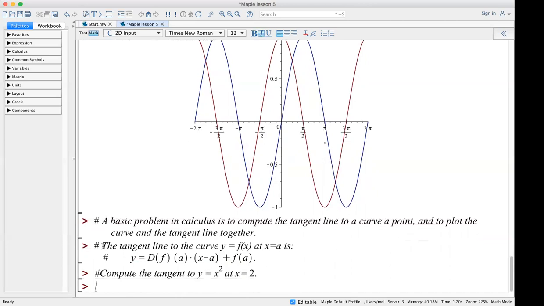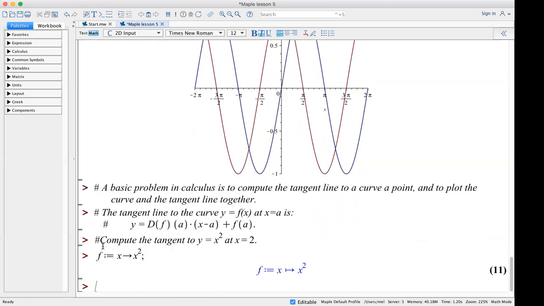So let's define the function f, which is x goes to x squared. And the tangent line, I'll just call it tangent line. The tangent line is the following expression: the derivative of f at 2 times x minus 2 plus the value of the function at 2.